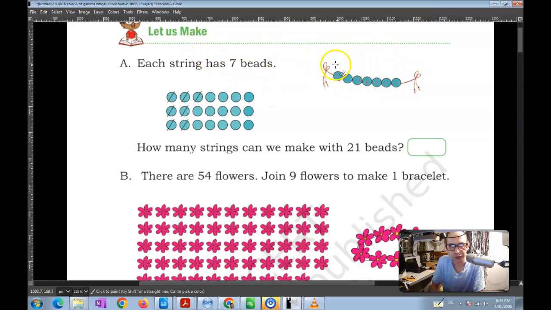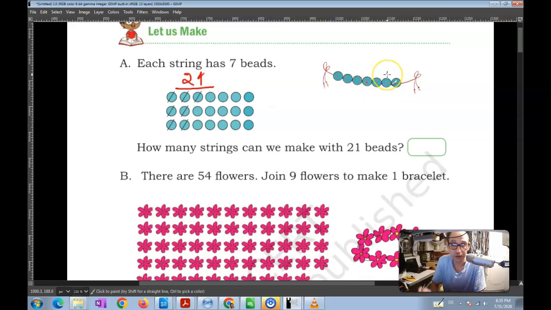So we know that each group is going to get 7 beads, and we don't know how many groups we are going to get in the end. I have 7 times 3, which is 21 beads over here.